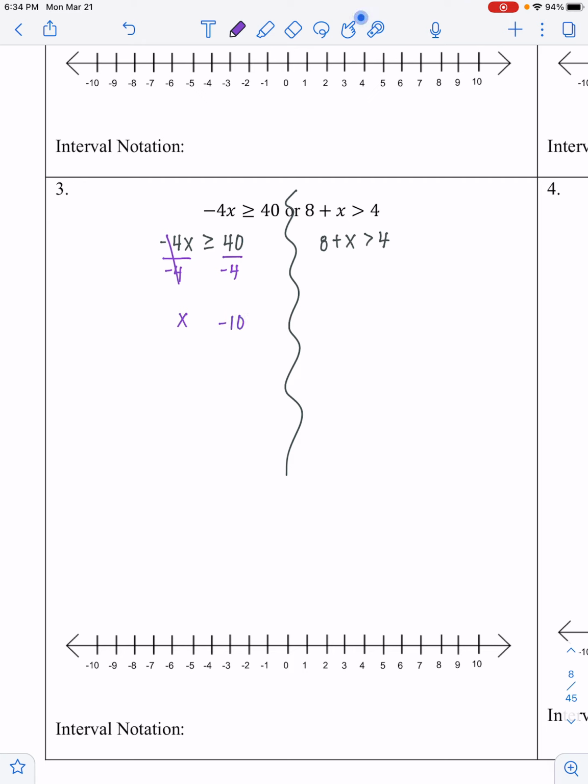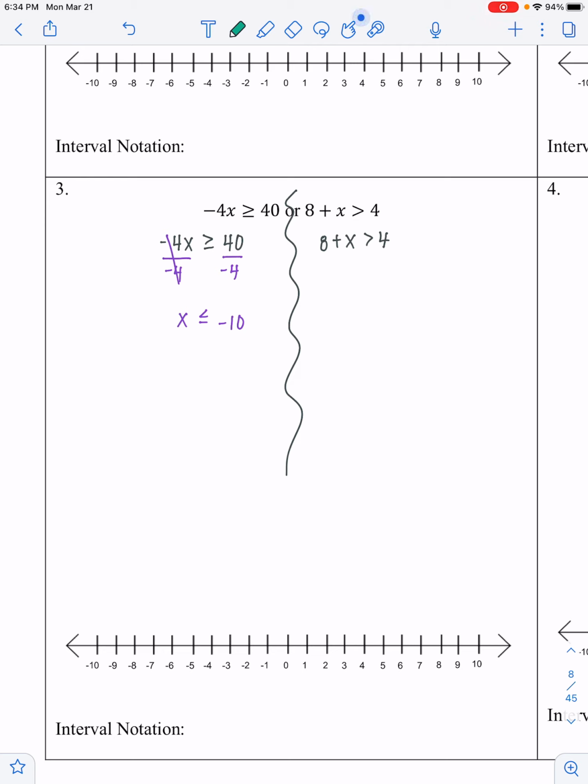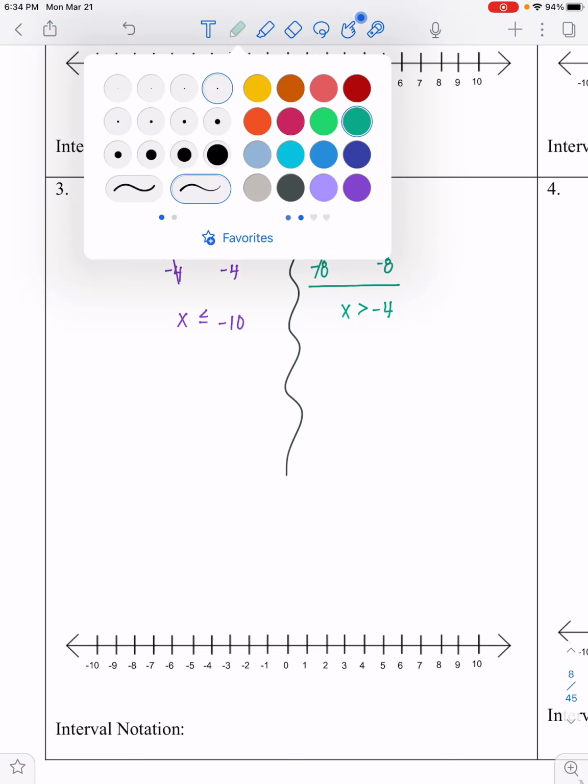Since we divided by a negative number, what do we have to do? We must flip the inequality symbol. So this inequality now becomes less than or equal to -10. All right, on our right side, we're going to subtract 8 from both sides, and we get x is greater than -4. Let's go ahead and graph these.